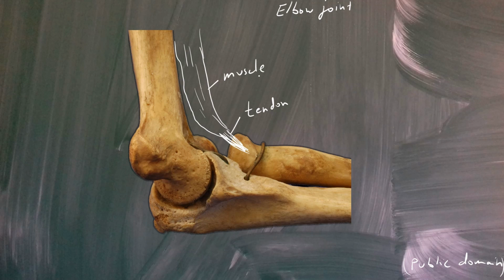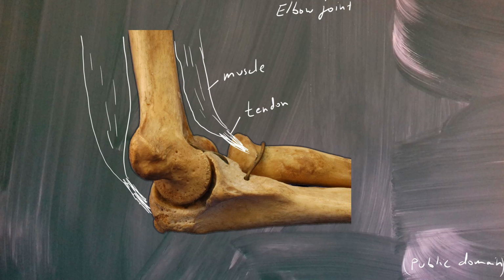And you have something similar on the bottom as well. You have a tendon connecting here, and then you have the muscle. Same thing, tendon, and over here the muscle. Okay, so far nothing new.